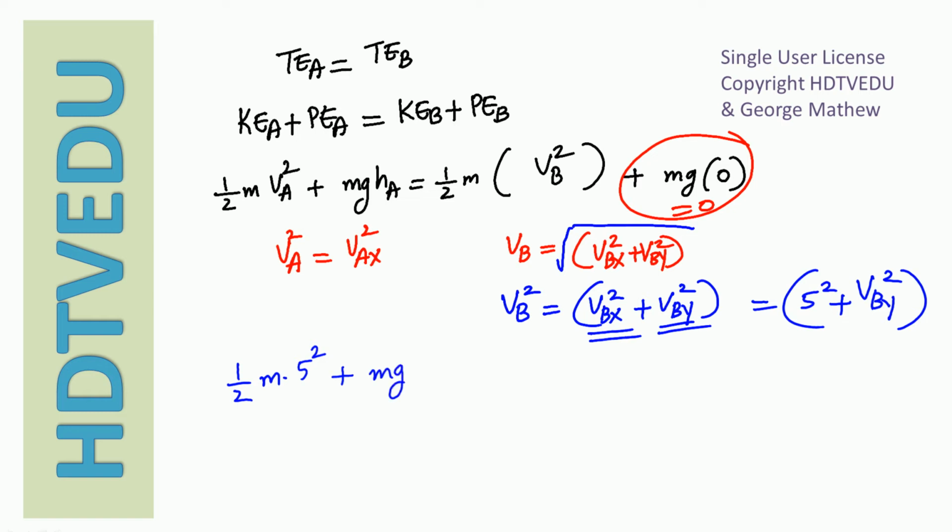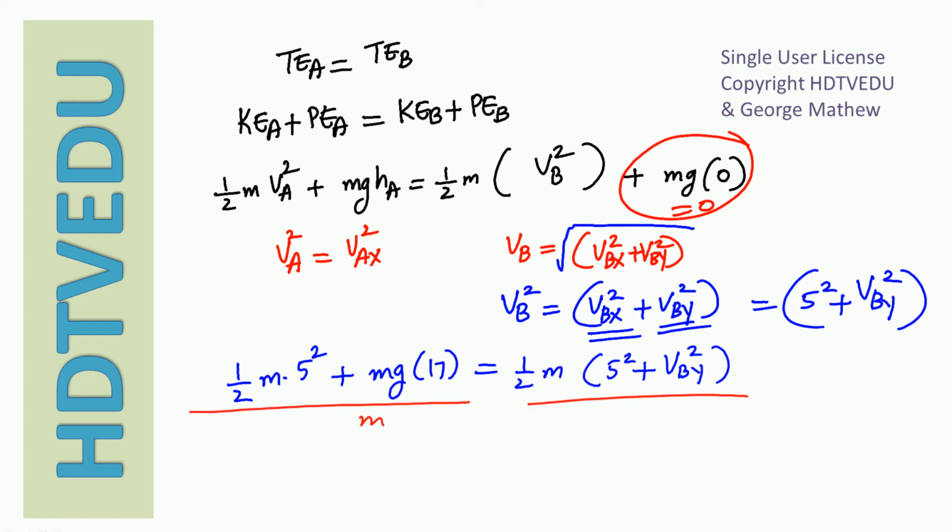Plus mg times height of point A, which is 17. Equals 1/2 m vb squared, which is 5 squared plus vby squared. Again, m appears everywhere, so divide both sides by m and multiply both sides by 2.